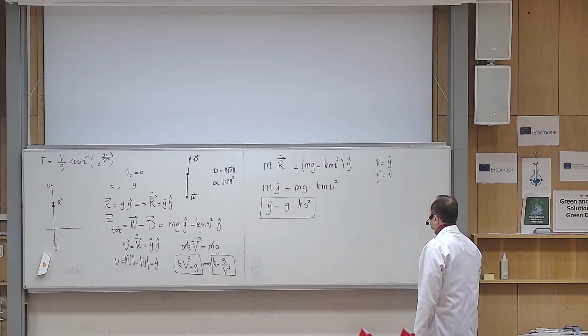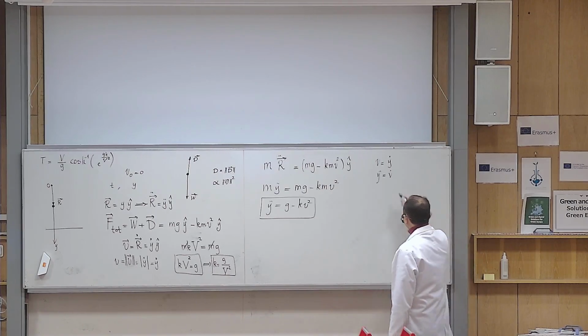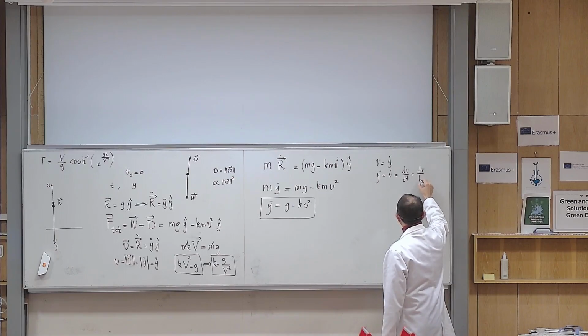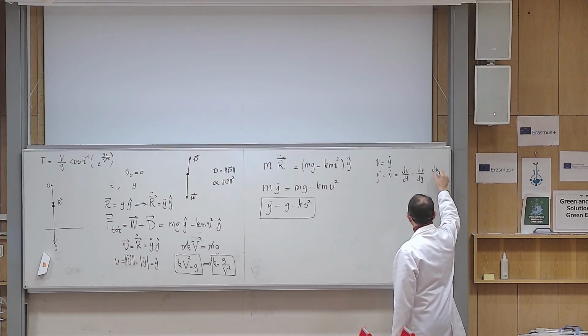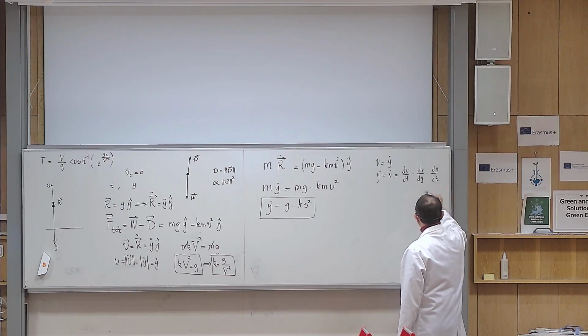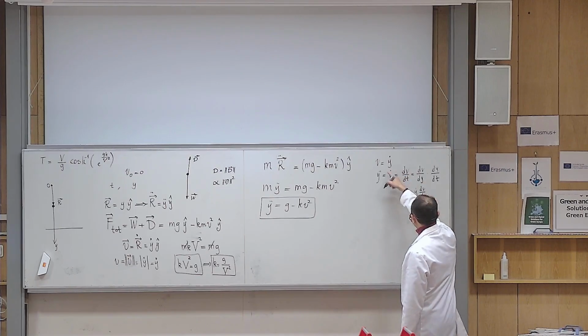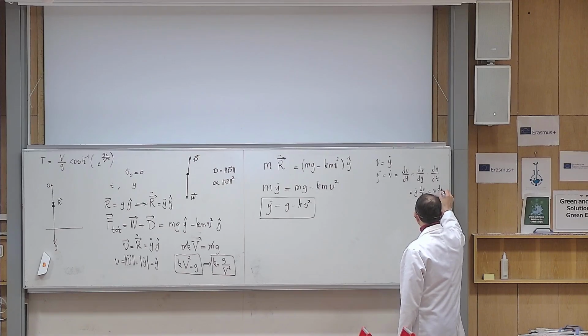But what can I write for v dot? I can write dv dt, but by the chain rule I can write dv dy multiplied by dy dt, which is again y dot. So this becomes y dot dv dy, but y dot is again v, so this becomes v dv dy.